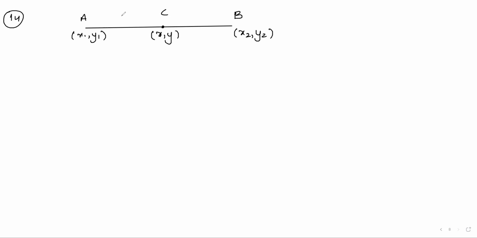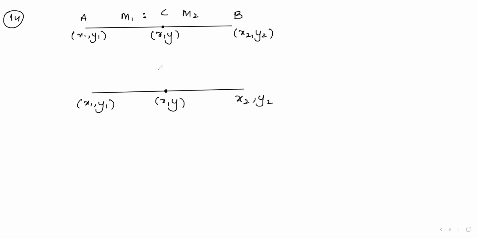At this point C, divide this AB in the ratio of m1 is to m2. Normally we take this, okay? Now if we solve a question by taking m1 is to m2, then we have 2 variables, so our calculation increases, okay? Yes sir. So it is better if we take this one, whenever we need to write the ratio, then we can take it like this.